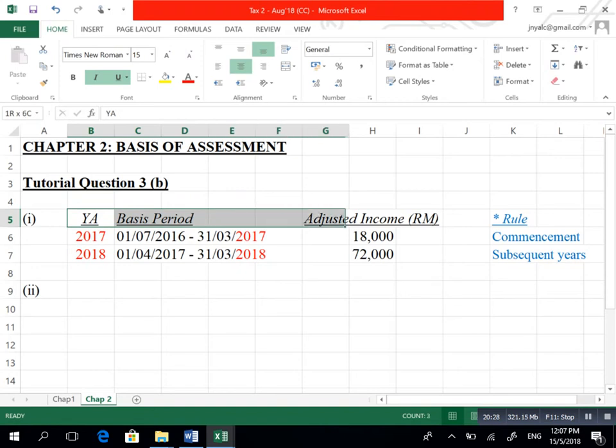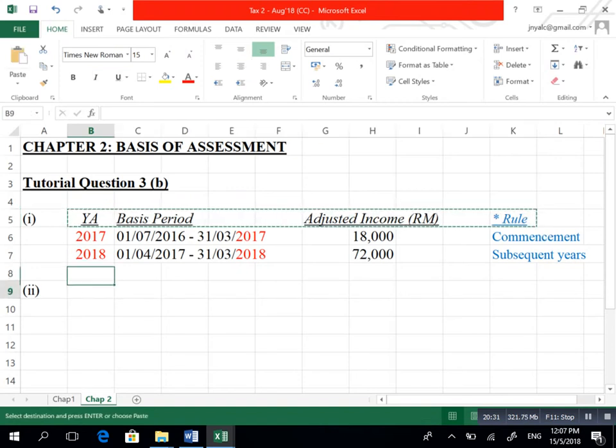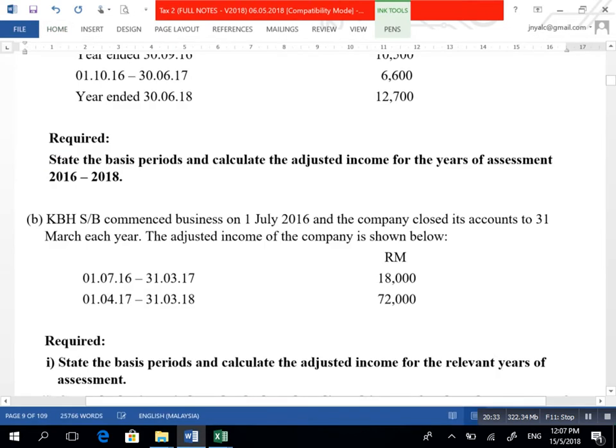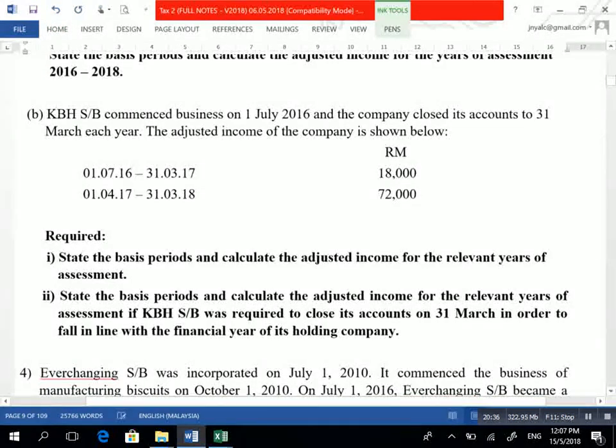Okay, you read the question first. What is the difference? It still asks you to determine basis period and calculate adjusted income, but they give you a scenario in here.